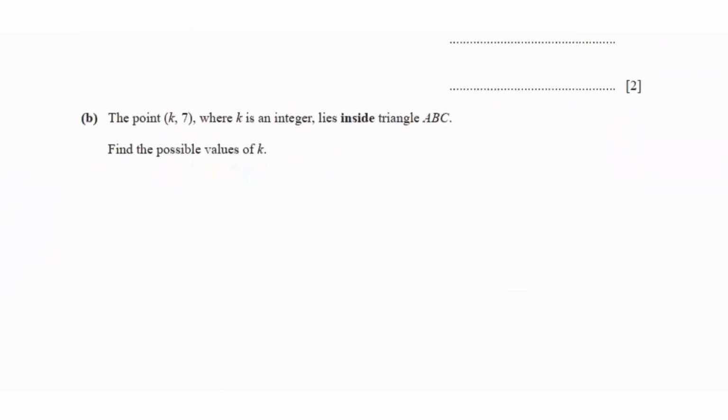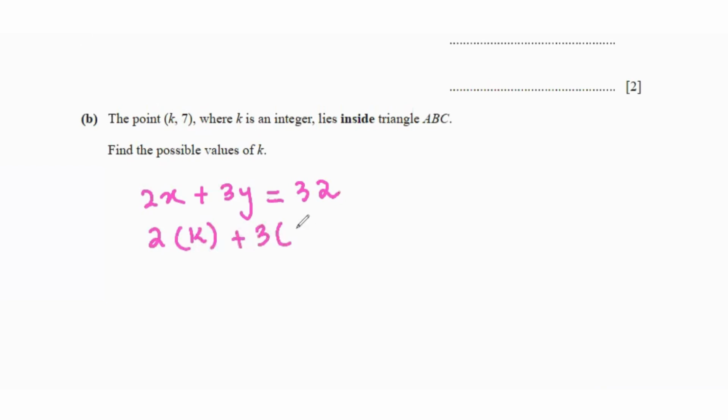The point (k, 7), where k is an integer, lies inside triangle ABC. Find the possible values of k. To find the possible values of k, I'm going to use the equation 2x plus 3y equals 32, and put x equals k and y equals 7.